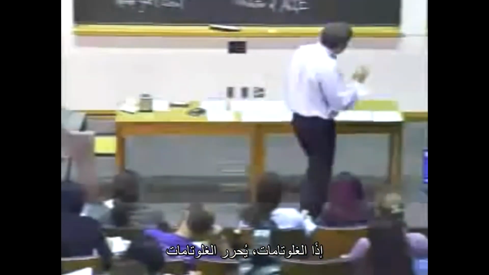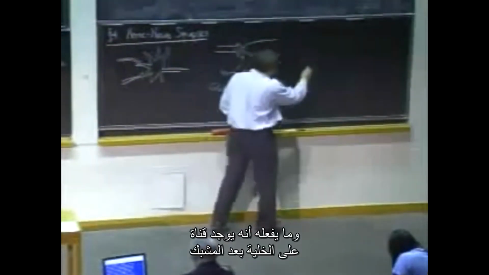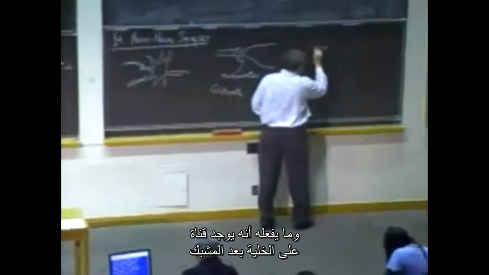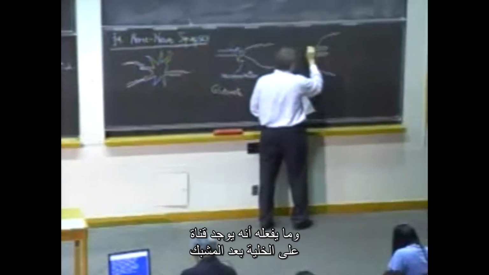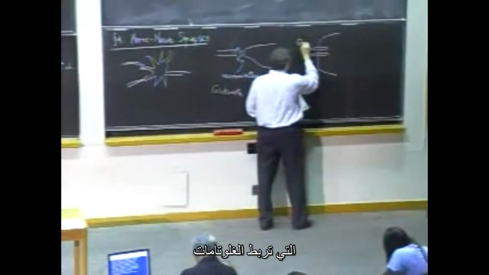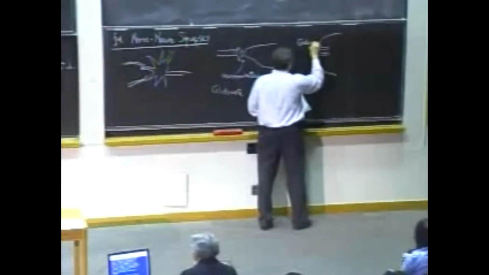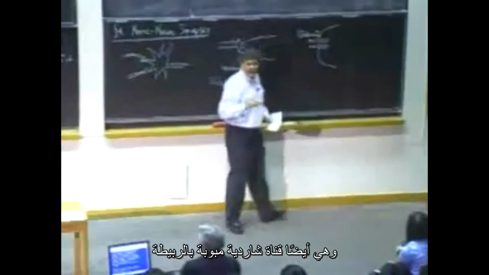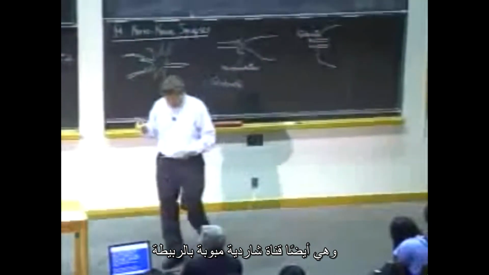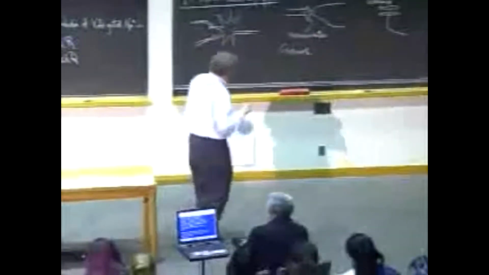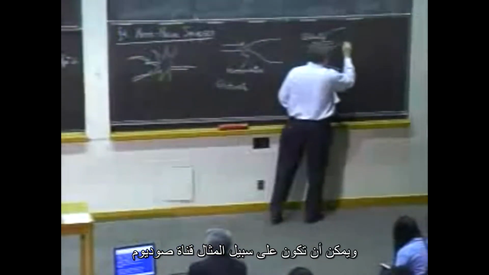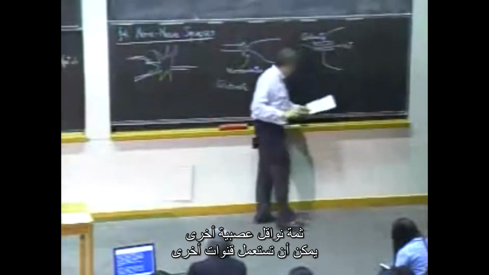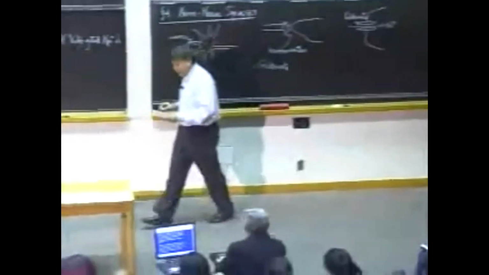So, glutamate. Glutamate is released, and there is a channel on the postsynaptic cell that binds glutamate. And it too is a ligand-gated ion channel. And it could be, for example, a sodium channel. Other neurotransmitters might use other channels.